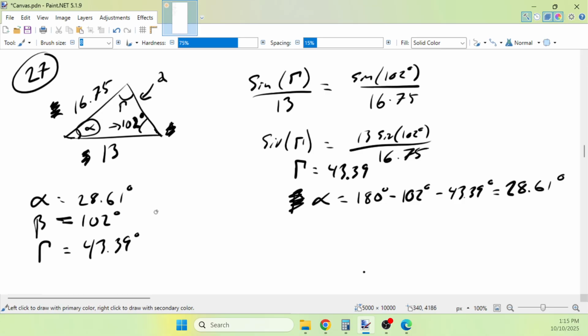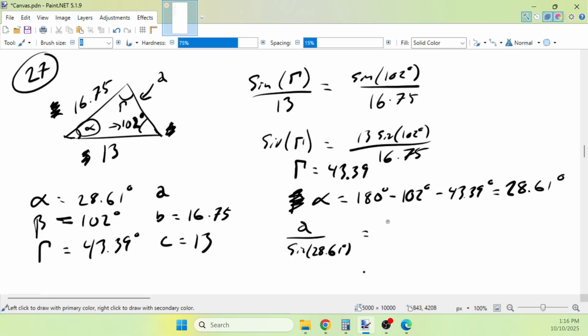To find the side, a way to do that is the law of sines. So A over sine of alpha degrees.